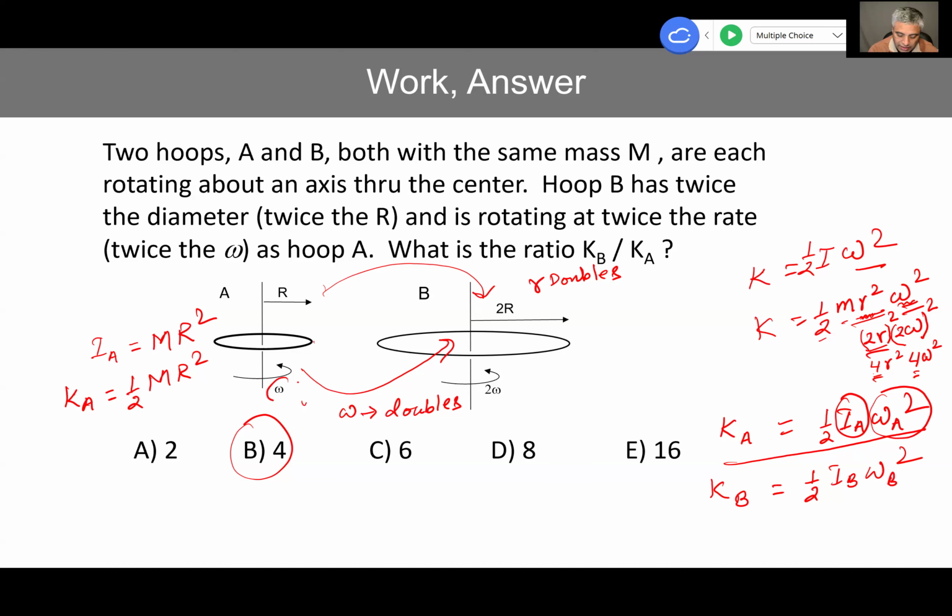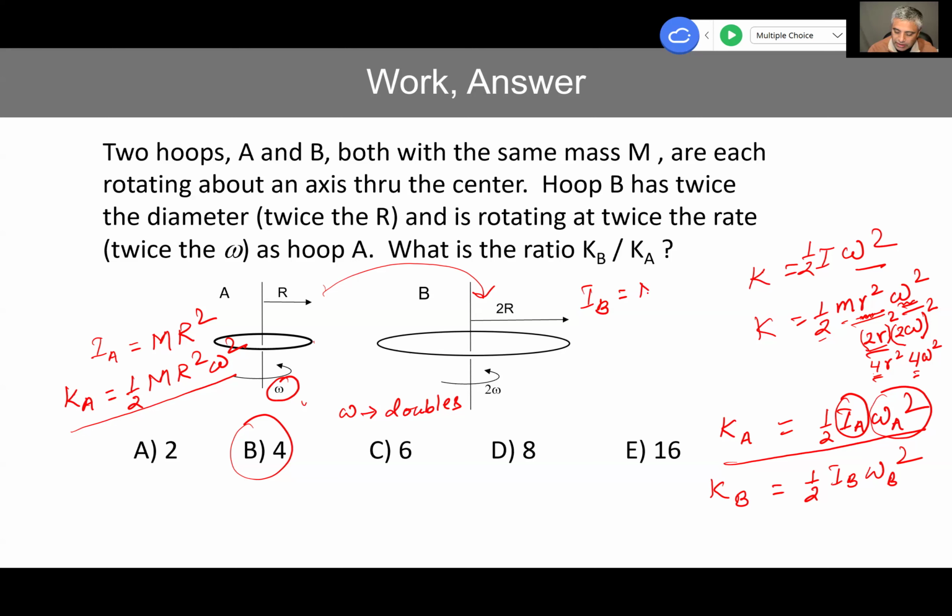What is omega A? It is just omega. So omega of A is simply omega in this case. Now let's do the same thing for K B, the kinetic energy of B. Before I find that, let's write the rotational inertia.